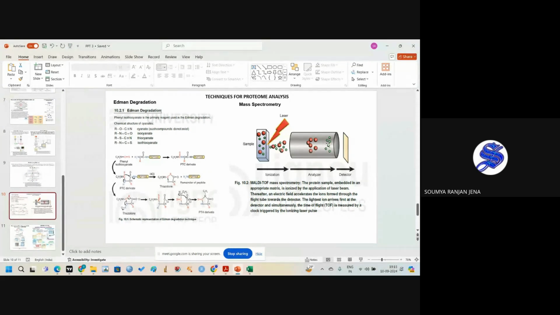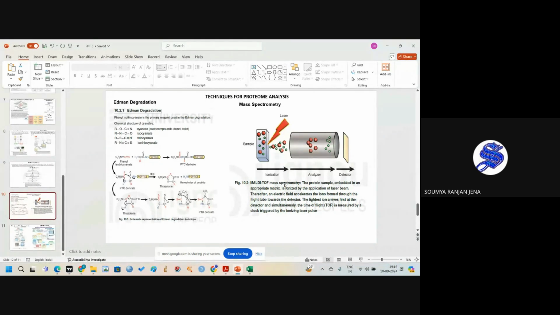And the smaller or larger particles are detected by a detector in the mass spectroscopy, and after the detection, this peptide will be blasted in the databases, and it will tell which type of protein or nucleotide it is.